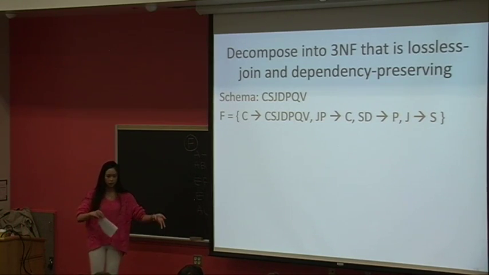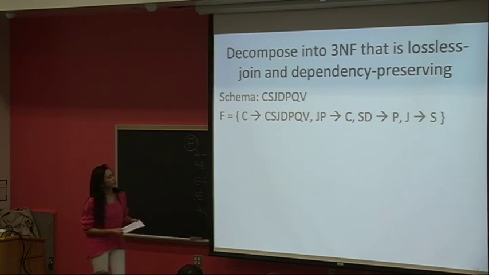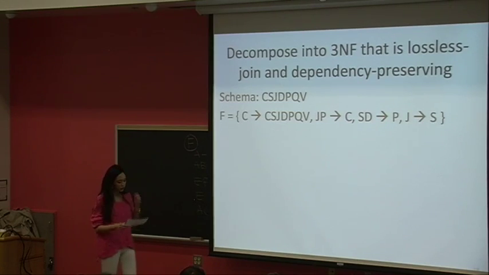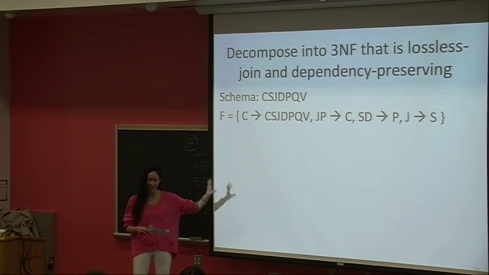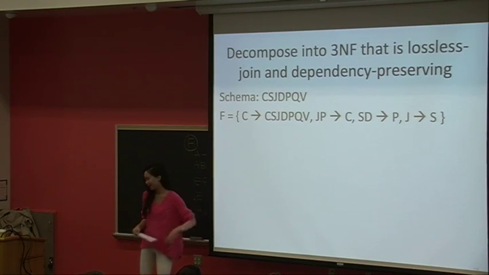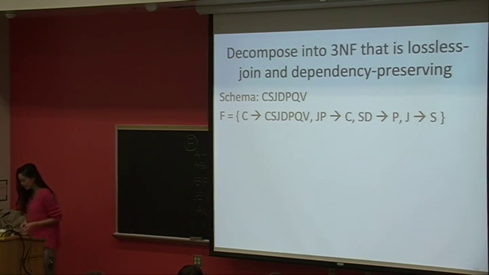We only decomposed to a point, and then we couldn't make it dependency preserving. I won't work through all of it, because we actually worked through it, but I just didn't talk about how it should look. So I think I can just show you the final result, because it would be really repetitive if I work through it.